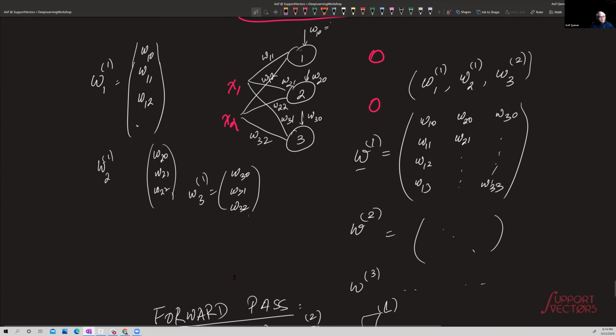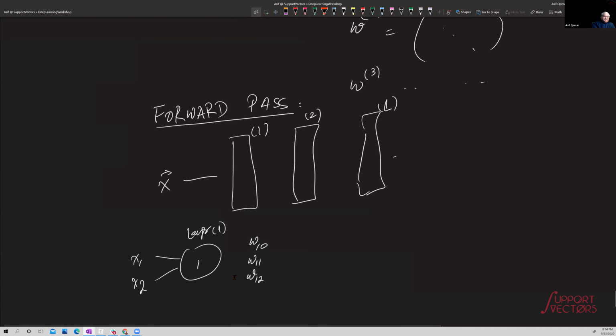So now, suppose I take this input. You have this matrix. This is called the weight vector. And you take the input vector. Input is X1, X2. Suppose I put a 1 here. Now see what happens if you take the product of these two. You take the pairwise product of these two.